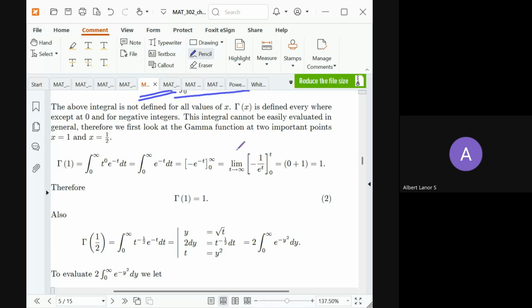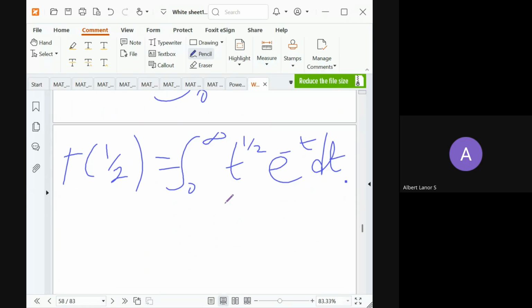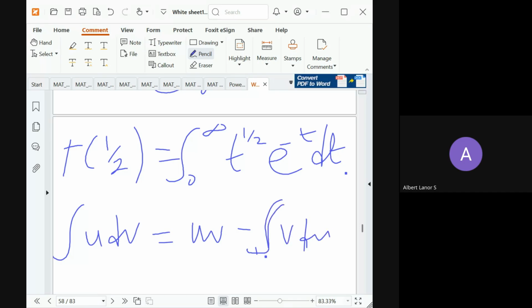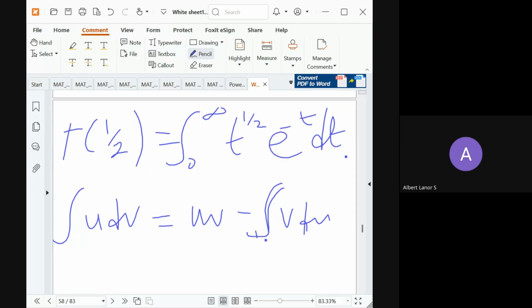So you set y to be equal to root t, and you differentiate it. By parts, you know that the integral of u dv is equal to uv minus the integral of v du. So let u be equal to t to the power half.